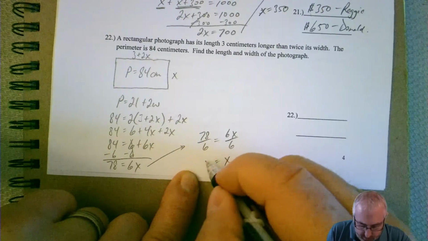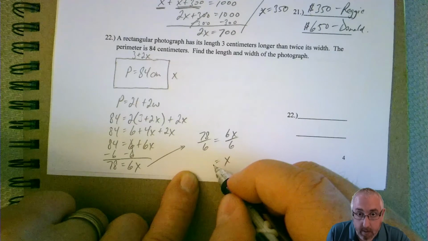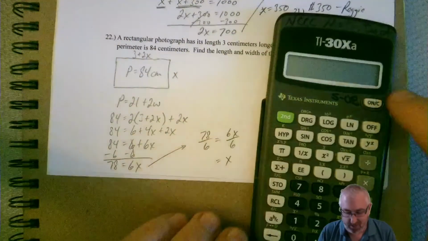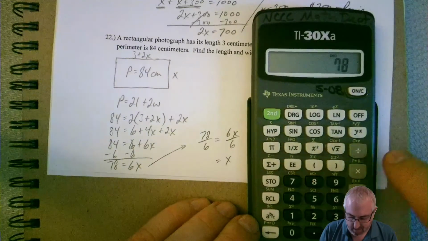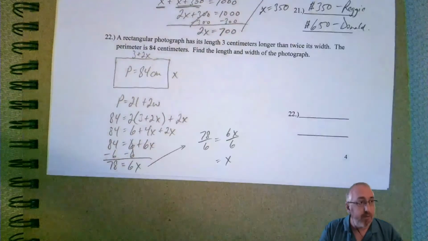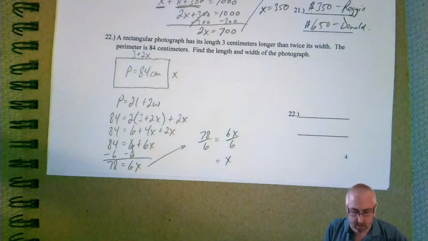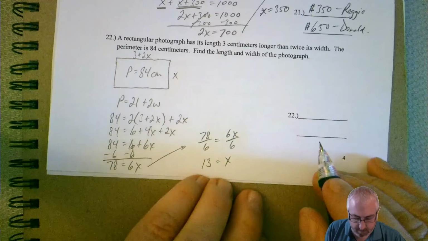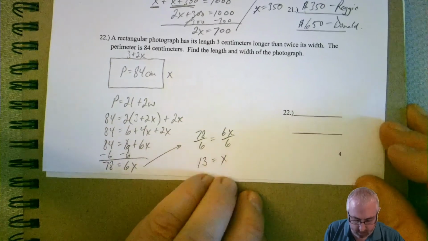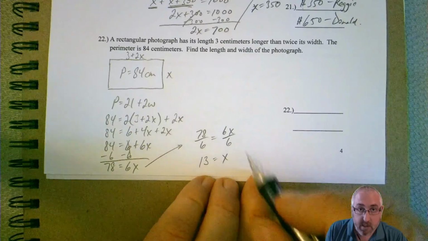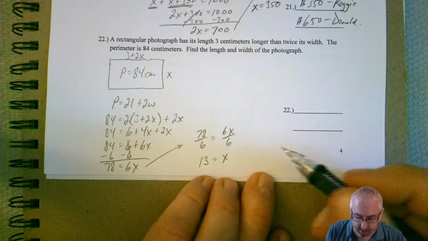And so x better be what? Well, if you're not sure, that's what the calculator is for. So let's say 13. So 13 is going to be what x is. All right. So now we just got to plug it back in to get the other dimension.